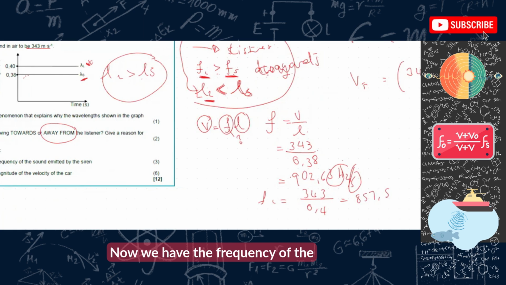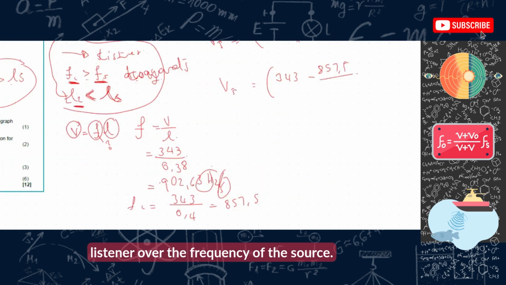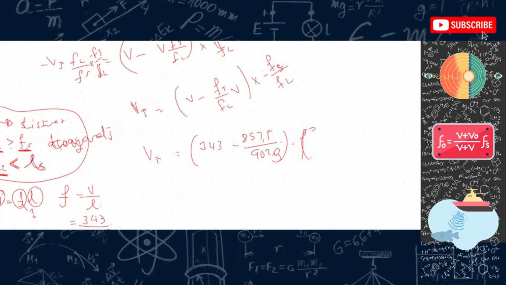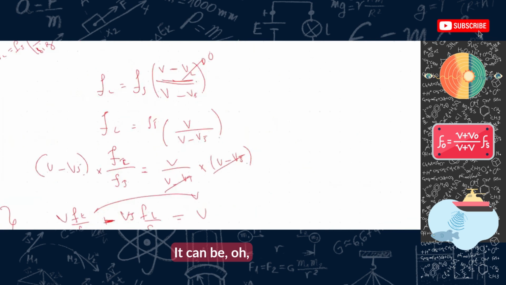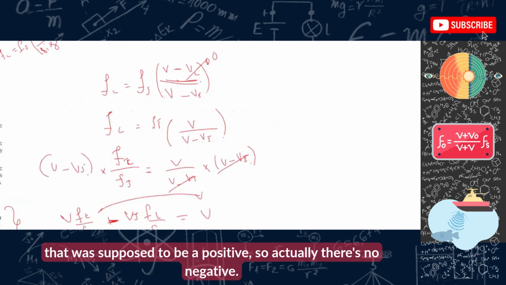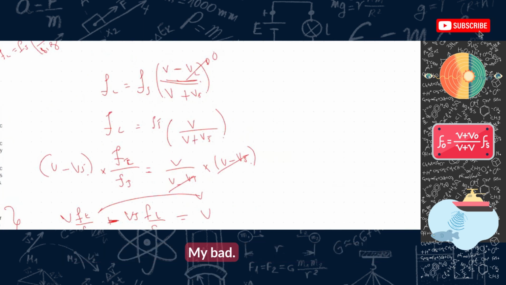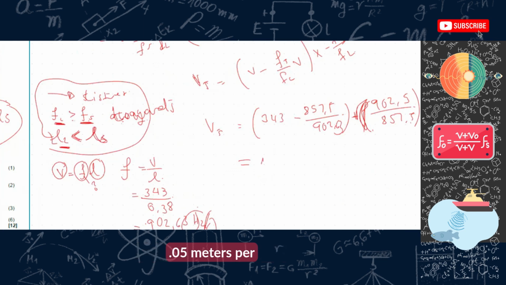Now we have the frequency of the listener over the frequency of the source multiplied by the speed, divided by 857.5. That was supposed to be a positive, so actually there's no negative; the bottom part is supposed to be a positive, my bad. Then we get 18.05 meters per second as the velocity of our source.